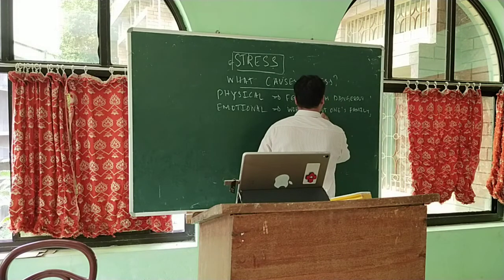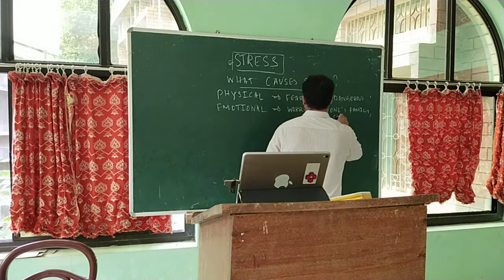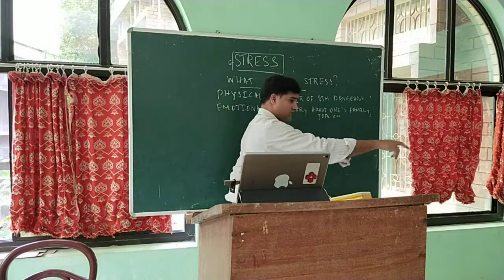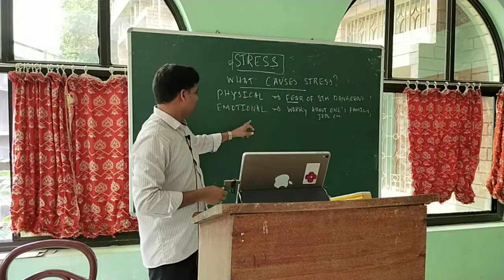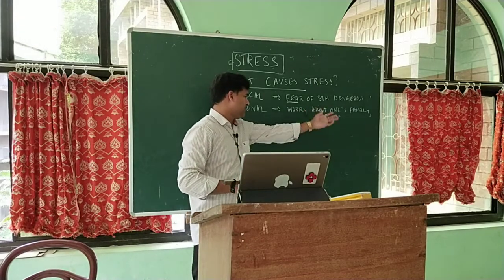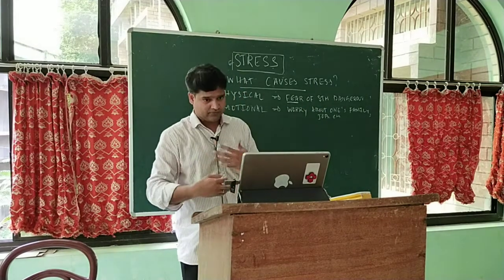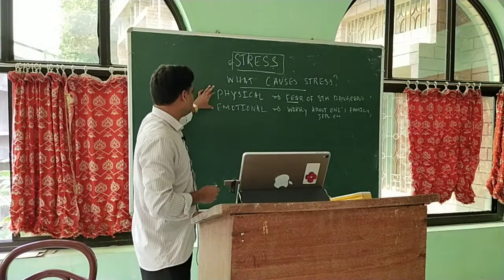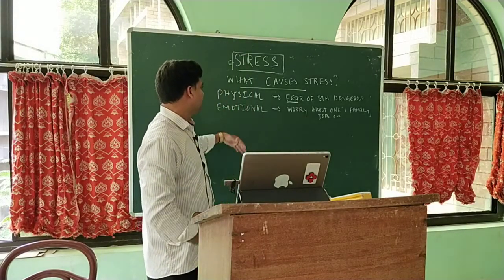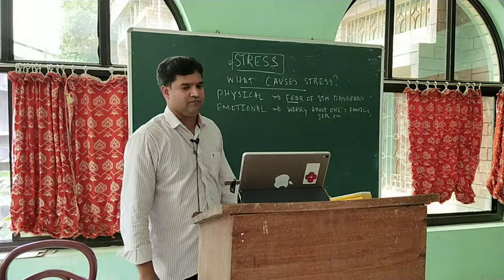So it is fear of something dangerous which I see outside that creates physical fear. Emotion means worry about someone's family, job, or personal life situations. So these are basically two: physical stress and emotional stress.